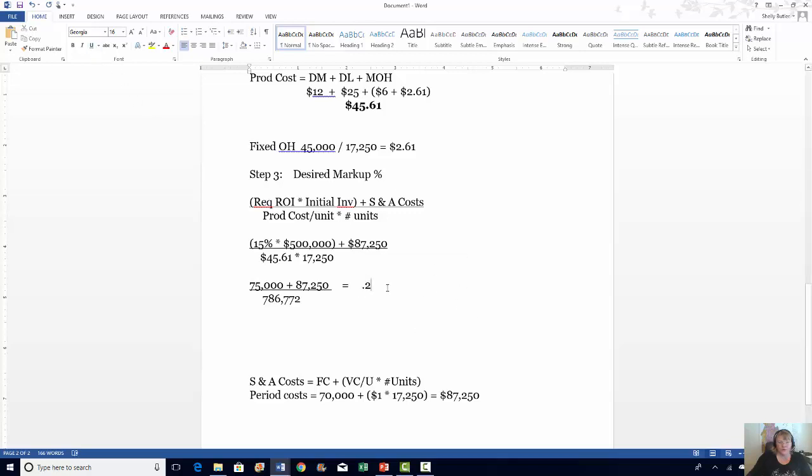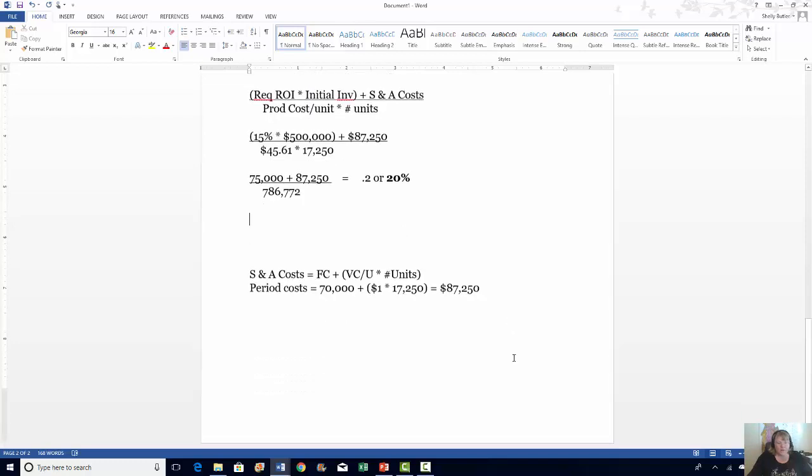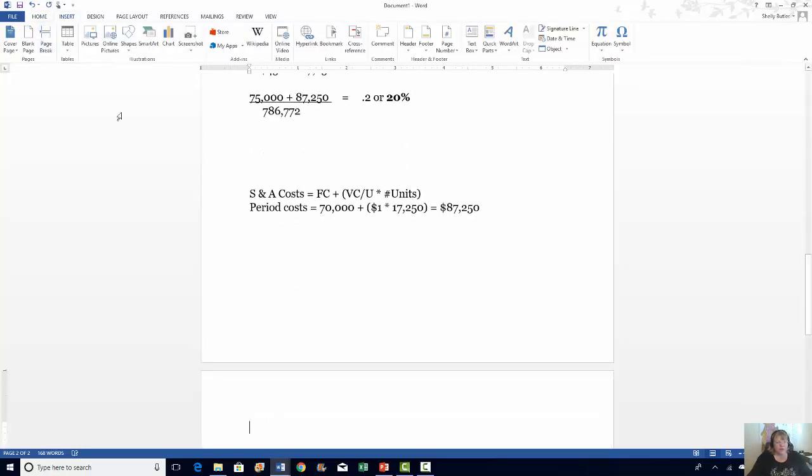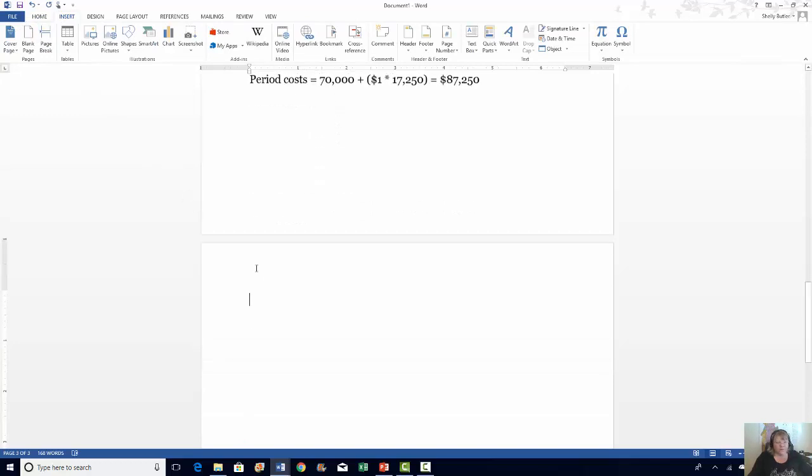Really don't want the line. Or 20%. So that's our market percent. So I'm going to bold that. There's our market percent. And now I am going to get another page for step 4 and 5.